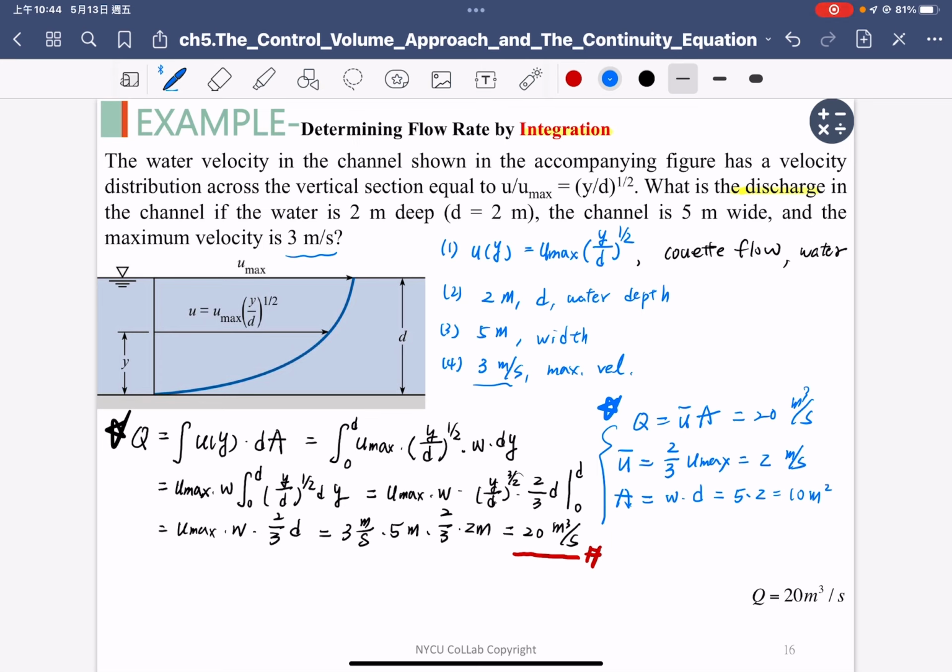We just multiply some constant values and get the same answer. That's a very important idea. The most important thing here is that if we already know the mean velocity, we can do things very quickly. If you didn't know that, you would need to use integration to calculate the answer.